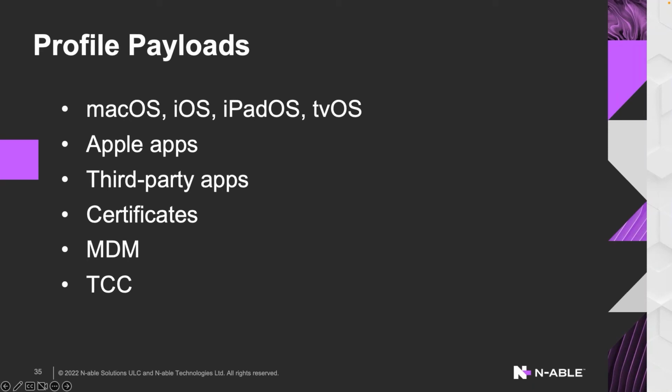We've got the VPP program that we can be a part of to look at deploying apps en masse. However, of course, the App Store doesn't have everything inside it. And we talked about the fact that Apple sometimes neuters some of the software inside the App Store because of their security recommendations and requirements. So sometimes the third party applications are very much needed.